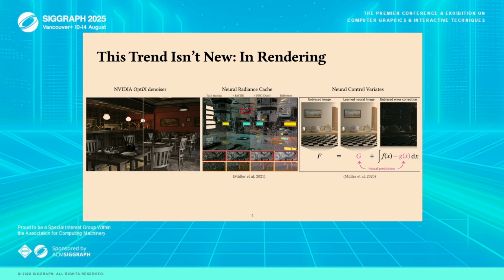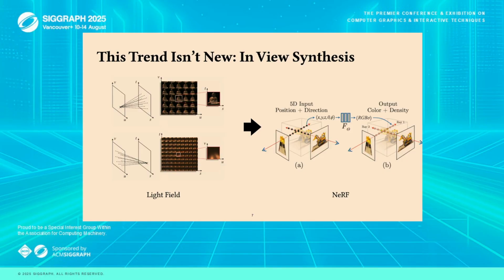In fact, these last two works directly inspired our own research. And other than rendering, in view synthesis, NeRF-style models enhance classical image-based rendering by filling in geometry and view-dependent effects from sparse inputs. Having looked at the hybrid methods across graphics, we now turn to our own proofs of concept.